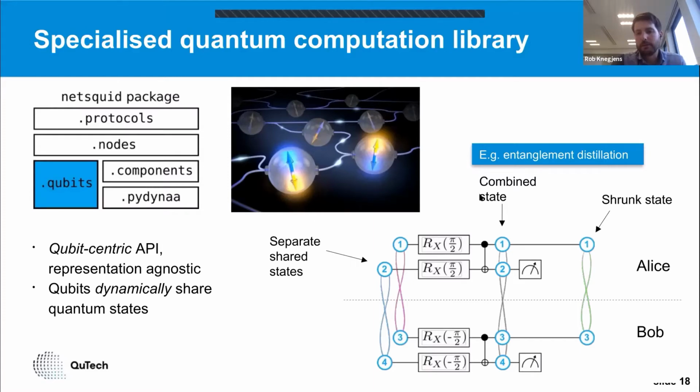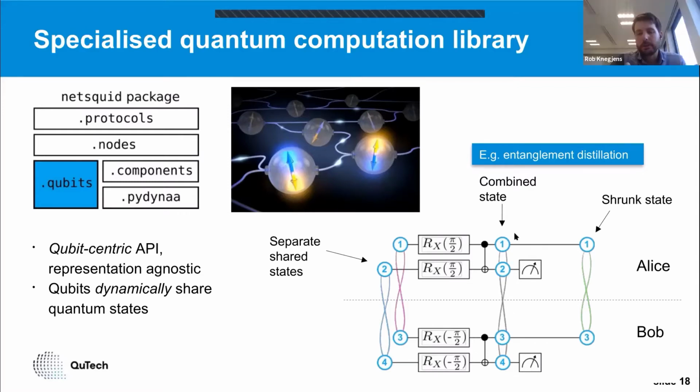Here's an example of entanglement distillation. There are two pairs of qubits sharing a state, but they don't, from a quantum mechanical perspective, know anything about each other until locally Alice and Bob apply this circuit to these states, and the result is that they all become entangled.